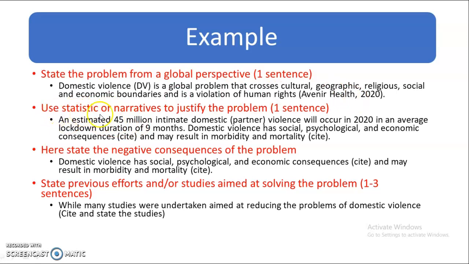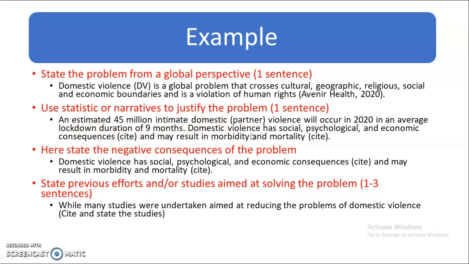Then you show the statistics and narratives to justify that there is a problem. So you can say it is estimated that over 45 million cases of intimate domestic violence will occur in 2020 or 2021 in an average lockdown during the 9 months. Or you show that over 40 million cases occurred in the previous year in an average lockdown of just 9 months.